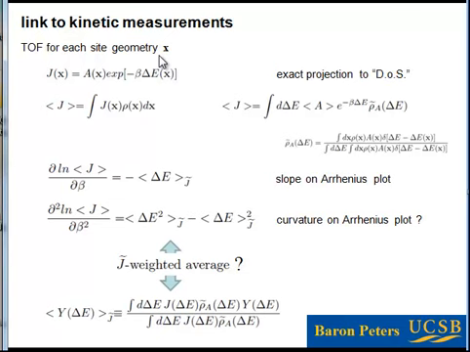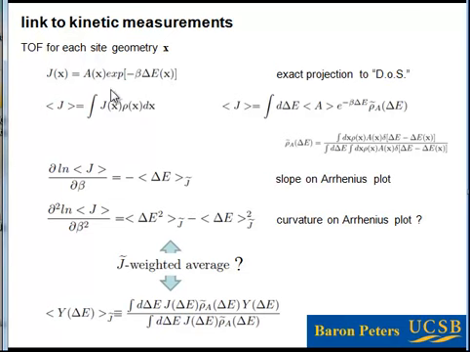And every local geometry corresponds to some characteristic activation energy, and I'm going to switch to elementary statistical mechanics notation here. Beta corresponds to 1 over Boltzmann's constant times temperature. And so at every site, I've got a characteristic activation barrier and a characteristic prefactor. And if all the sites were exactly like this one, I would just get a nice simple Arrhenius plot, and it would account for everything, right?